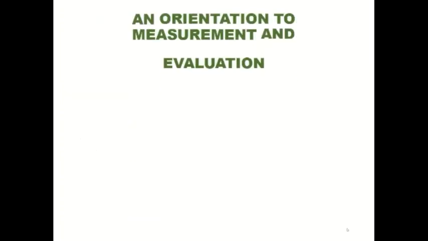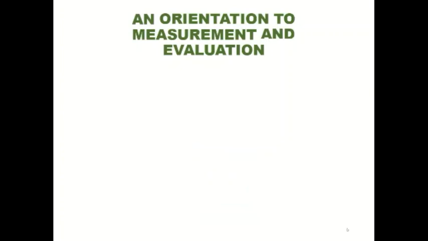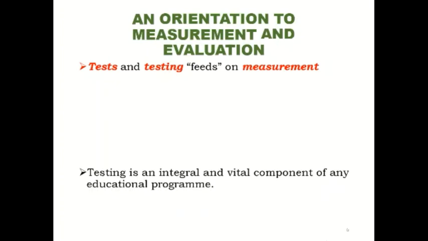Let's start. Orientation to measurement and evaluation. We'll start with this phrase: test and testing build on measurement. What are we trying to say? Well, in a way, the food for test and testing is measurement. Measurement serves as food for test and testing.